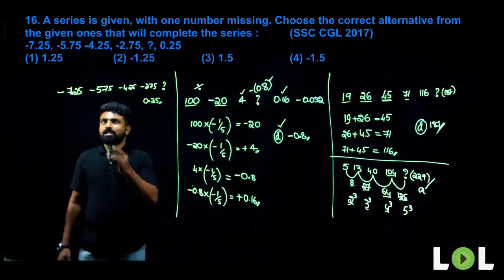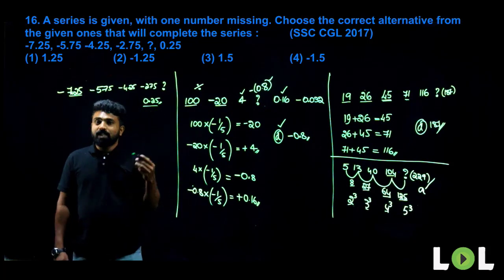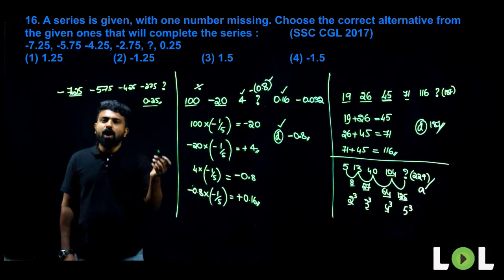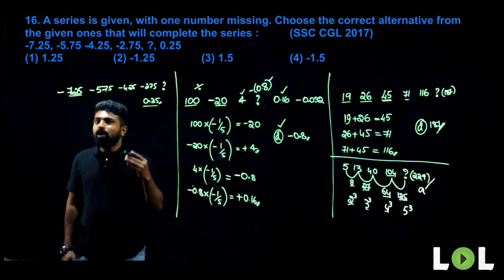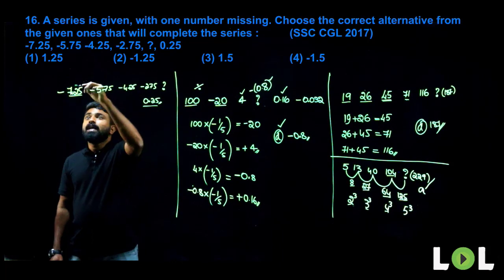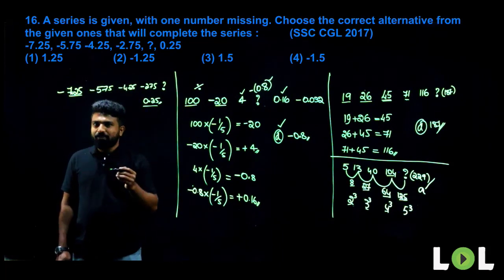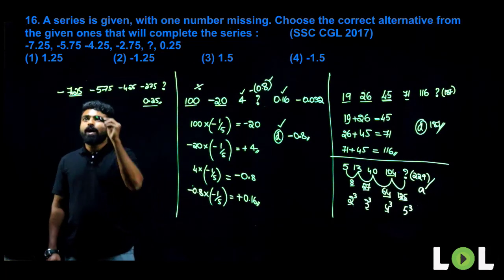Now, look at this. Take the difference between the first term and the last term. Is the difference big? No, the difference is small, meaning there must be addition or subtraction involved within the series. But is it an addition or a subtraction? You people tell me. Is it increasing or decreasing? 7.25 to 5.75. You might be telling that it is decreasing, but no. Why am I telling that?